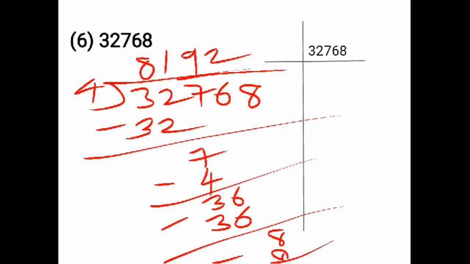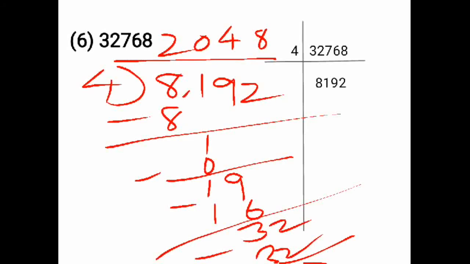Now divide the number 32,768 by 4. I am getting the quotient 8,192 after dividing 32,768 by 4. That is 4 into 8,192. Divide the number 8,192 by 4.